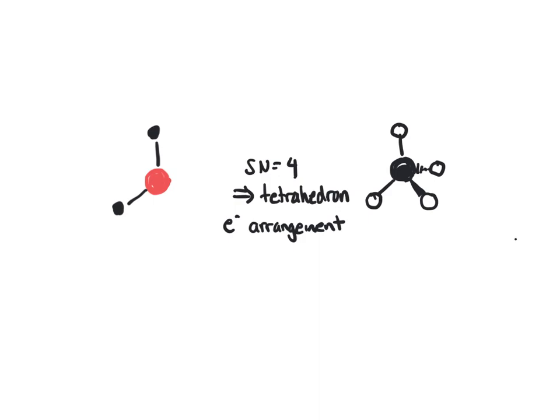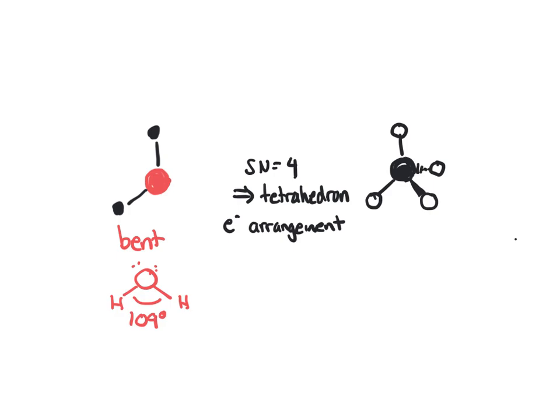So I can see that the oxygen has the hydrogens at approximately the tetrahedral angle of 109 degrees, and so it is bent.